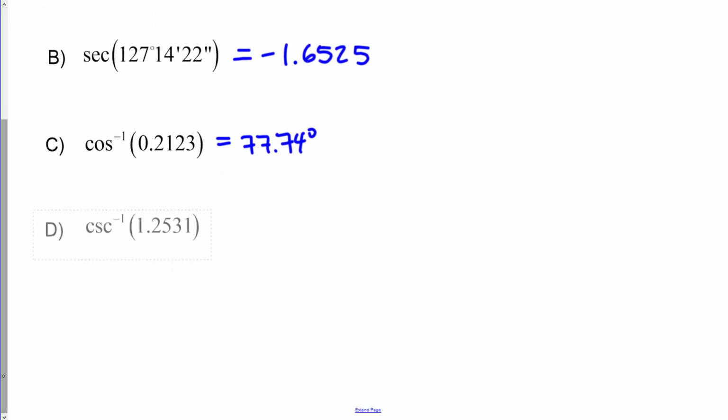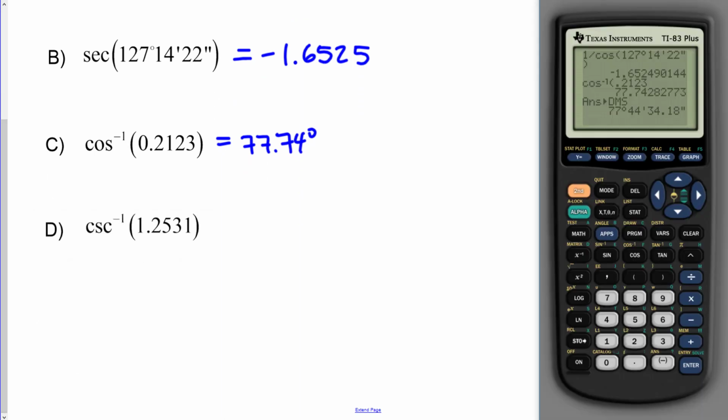Okay. Lastly, the arc cosecant of 1.2531. This is a little bit tricky, but just recall the relationship here. We know that cosecant of theta and sine theta are related this way.